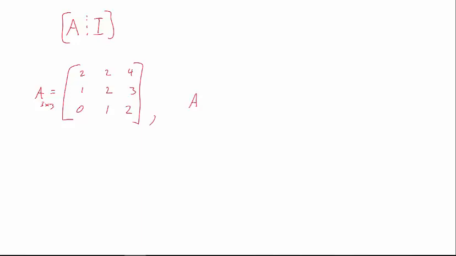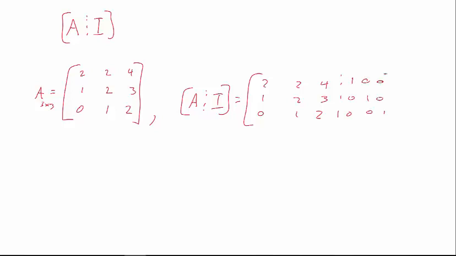We set the matrix up like this, which is simply a matter of going 2, 2, 4, and then over here, 0, 1, 2, and what do we do right here? We write the identity matrix, just like that.